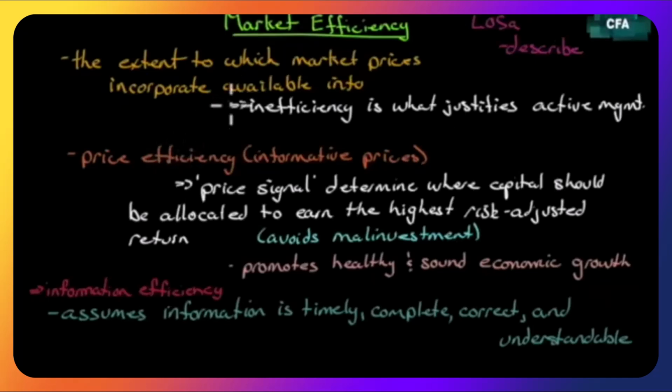So when we talk about market efficiency, we're really focusing on price efficiency, or what are called informative prices. And prices give us price signals. I'm referring more towards a sort of Austrian economist view when I talk about price signals here.